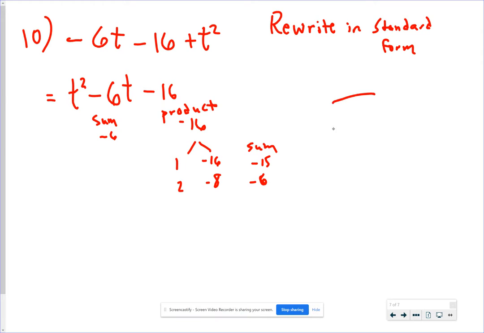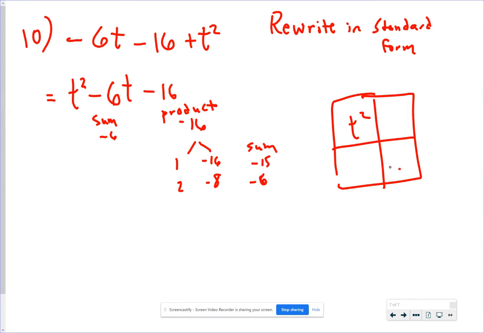And then we're going to do our table. We've got our t squared. We've got our minus 16. Negative 6t is going to be 2t plus negative 8t. That's what these are allowing us to do. Split that middle term into 2 pieces.